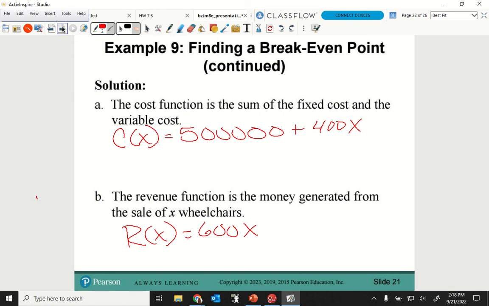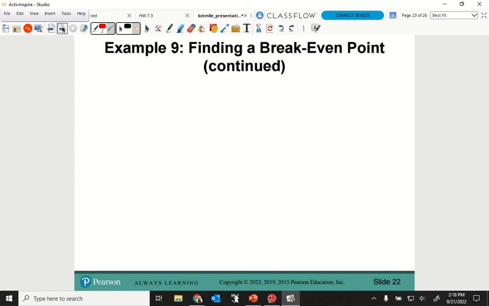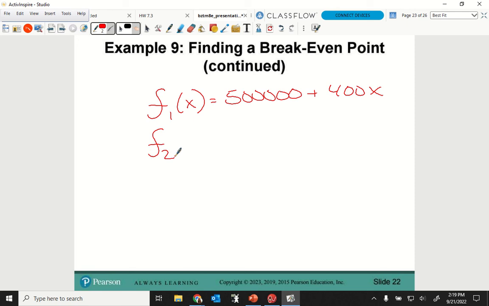What yours is going to look like is F1 of x is going to be your 500,000 plus 400x. F2 is going to be your 600x. I'm writing this down like this because this is what it's going to look like in the calculator.